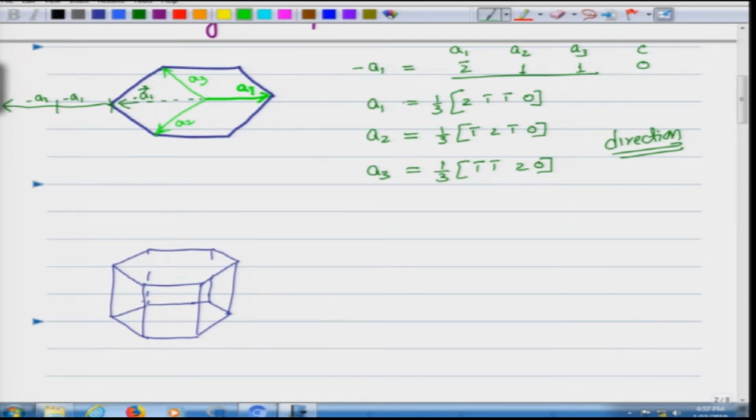So, let us say this is the plane that I am talking about, and first you have to describe which are your A1, A2, A3. So, this is my A1, this is my A2, this is my A3 and this is my c direction.